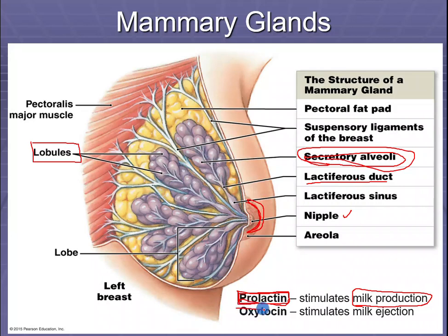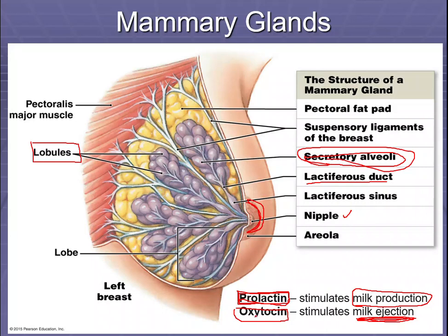Oxytocin is responsible for milk ejection. Okay? So make sure you remember that, all right? Prolactin for milk production, oxytocin for milk ejection. Okay?